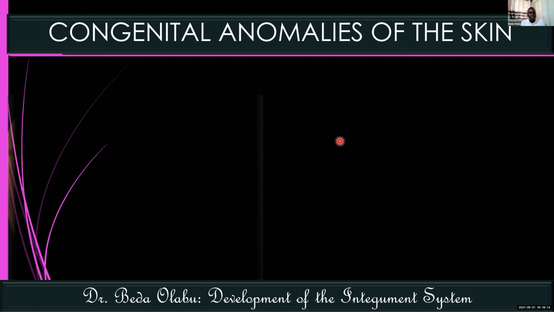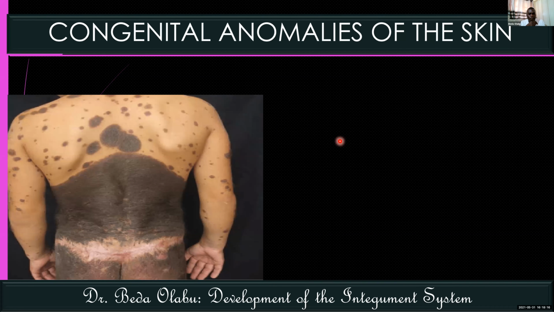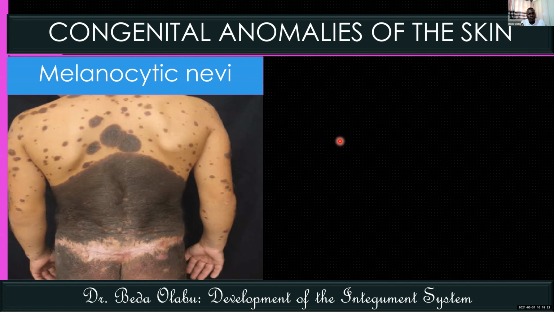We'll also talk about another disorder. This is still a disorder of pigmentation. We call this one melanocytic nevi. They're usually not as large as this one. I've just put this one to show how ugly it can be. But in most cases, they're just very tiny things.